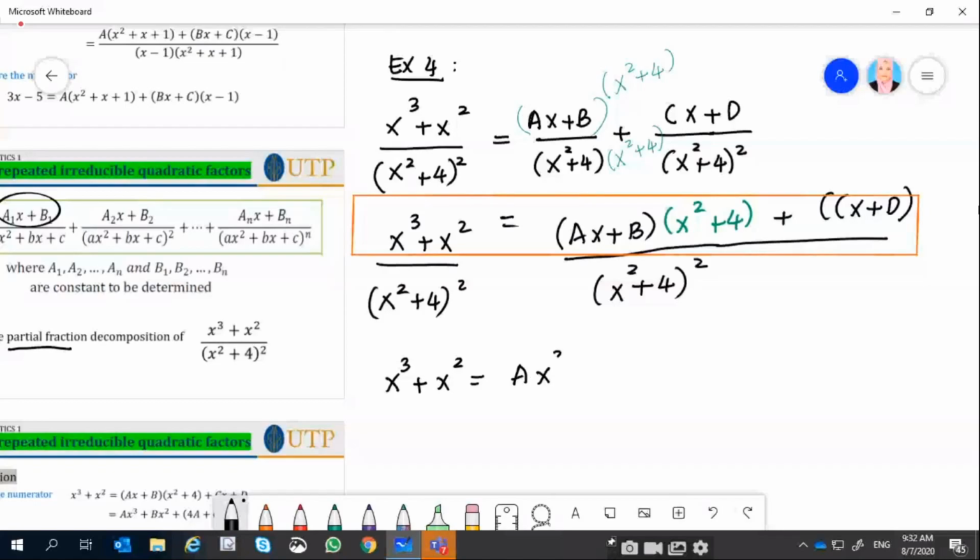As cubed plus 4As plus Bs squared plus 4B, then plus Cs plus D. Sorry guys, I'm confused with my handwriting. So it's supposed to be Cs plus D.